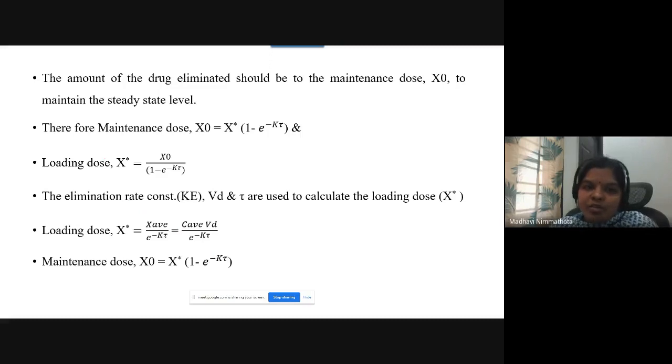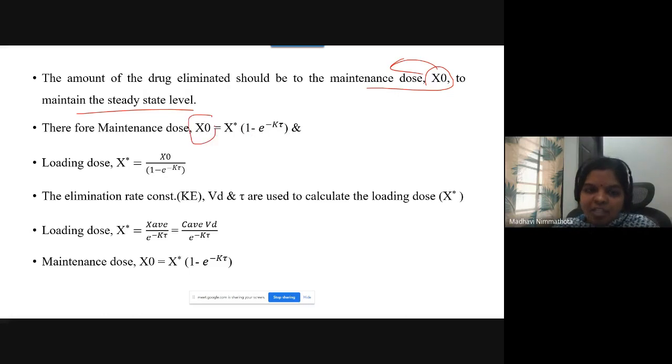The amount of the drug eliminated should equal the maintenance dose X naught to maintain a steady state level. If the drug is eliminating out, what does it mean? It has the capability to maintain the dose of X naught. Therefore, the maintenance dose X naught equals X star into 1 minus e to the power of minus k tau.